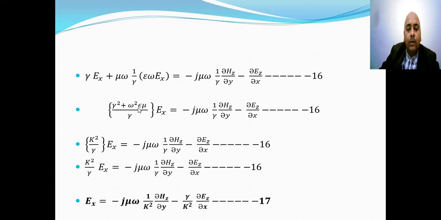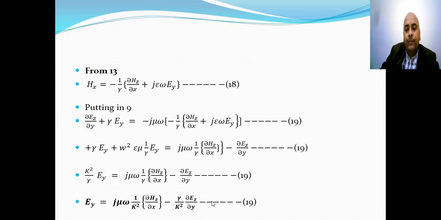We have put this value equal to k square, and ultimately we find Ex in terms of Hz and Ez.